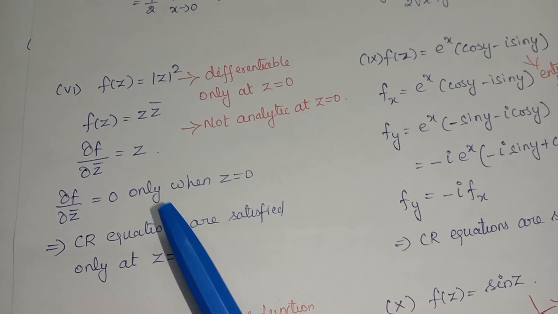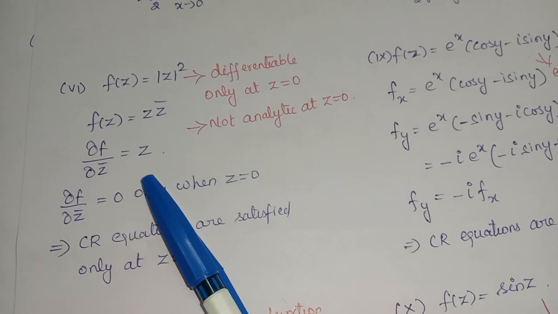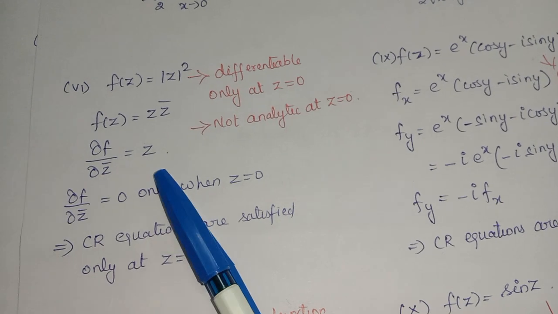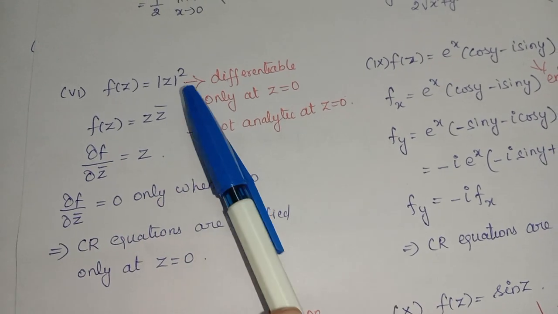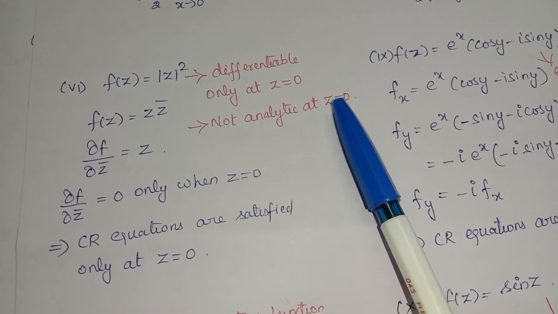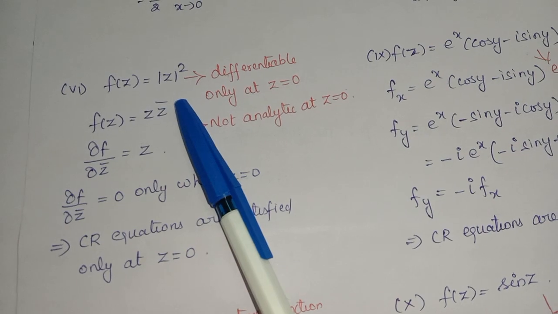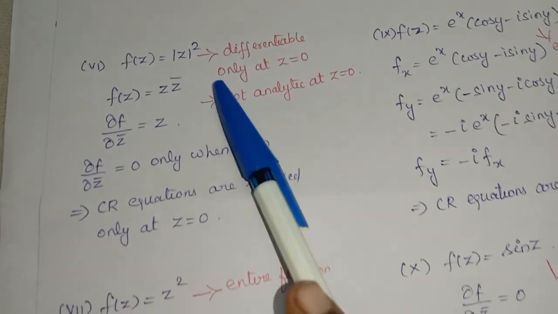At any other point it is not equal to 0. That means at any other point the CR equations are not satisfied. So what do you say? This function is differentiable only at the point 0. That means it is not analytic at z equal to 0. Not only at 0, at all the points in the complex plane, this is not analytic. Okay, can you understand? Right.